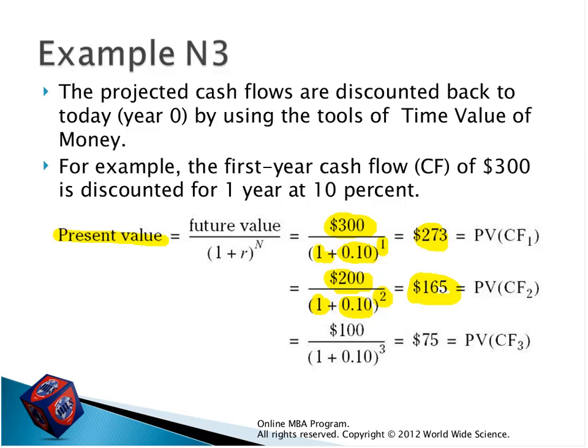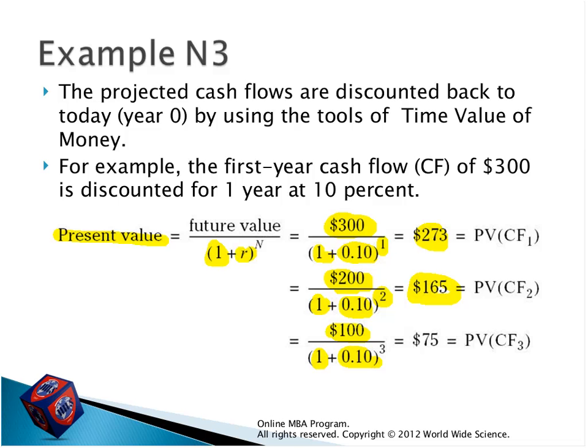And in the third year, for example, the future cash flow is $100. 100 divided by 1, always 1, based on the formula, you see, plus r, the discount rate, which is 10%.